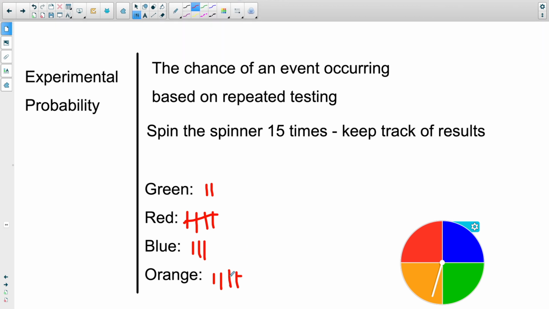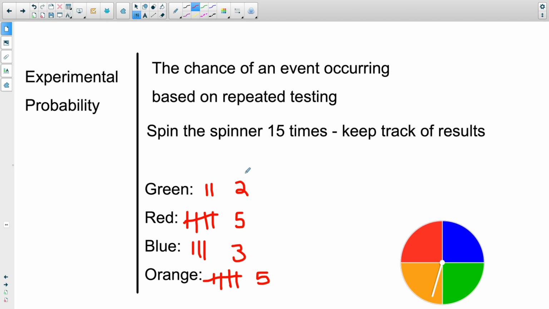Now, when I actually did this experiment, I got 2 greens, 5 reds, 3 blues, and 5 orange. That should add up to 15, and it does.